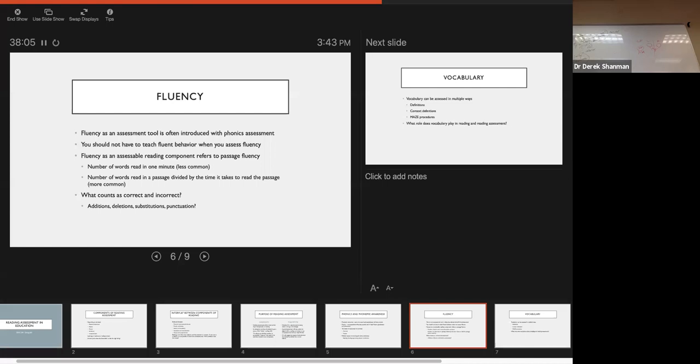What about additions or substitutions or deletions? The dog ran up the hill and when he got there, he turned around. Is that different? Does that matter? Does it matter functionally? Is it going to change the meaning of the sentence?